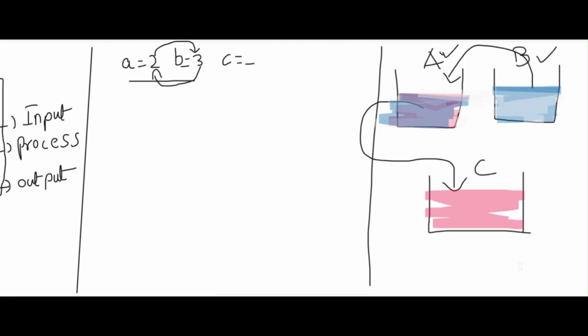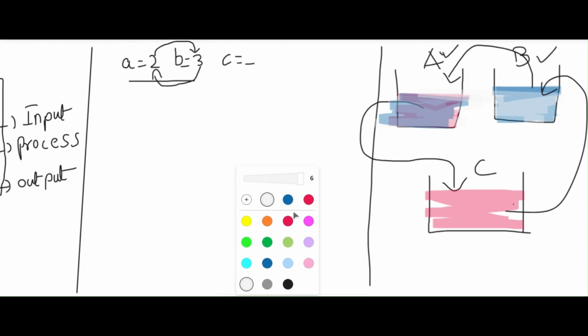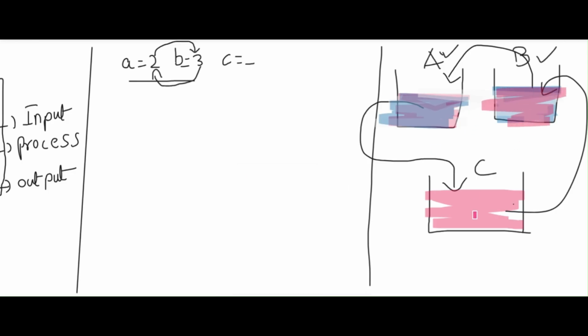Now you simply pour the water which is in C into bucket B. So what do we have in bucket B now? You will have red color. See, swapped. Now bucket C has no water. Red to blue, you swapped.